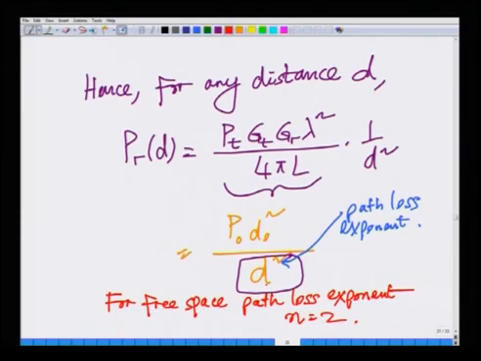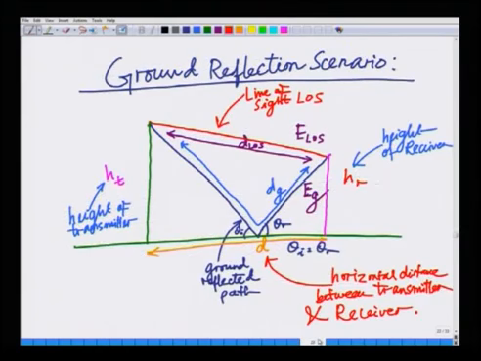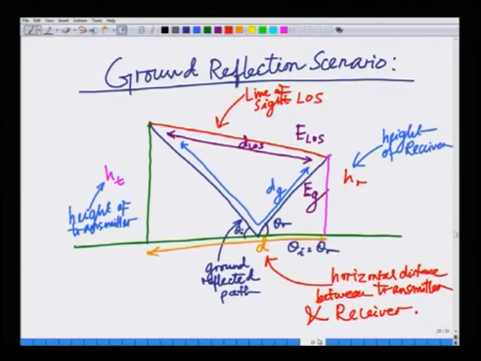All right. However, we wanted to look at other urban scenarios, typically cellular scenarios in which there are obstructions, and we said the path loss exponent in such scenarios can be higher. We started looking at a ground reflection scenario, in which between the base station and the mobile there is a line of sight path, and there is also a ground reflected path.